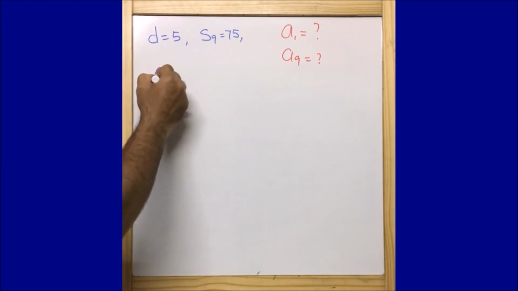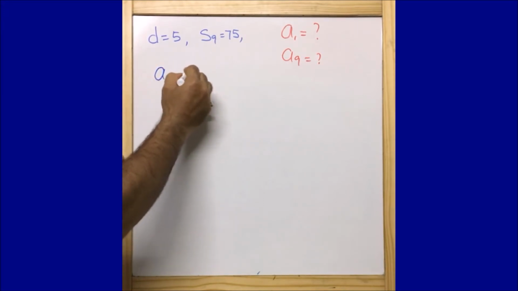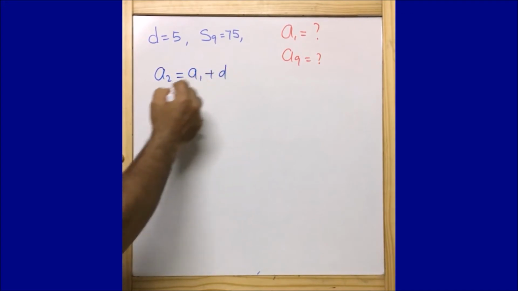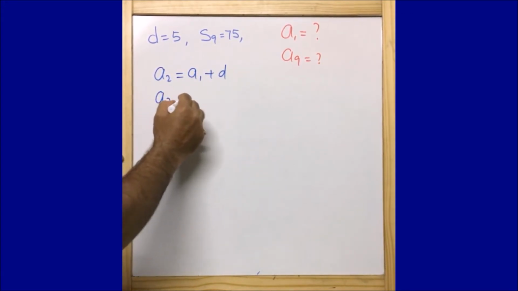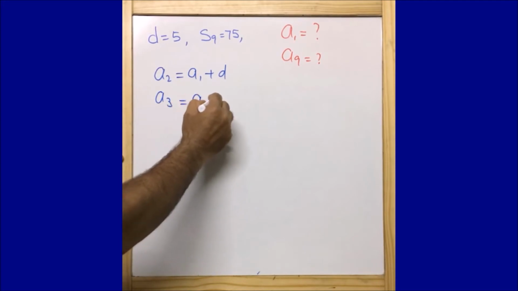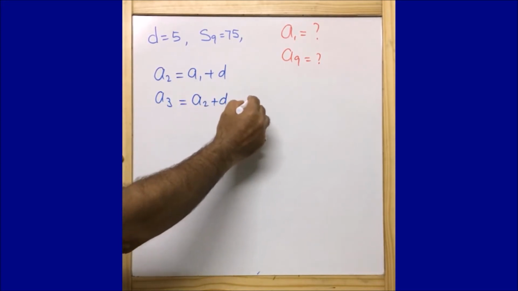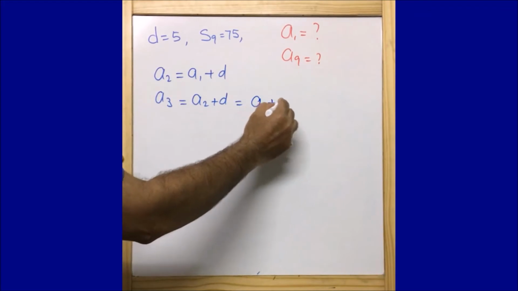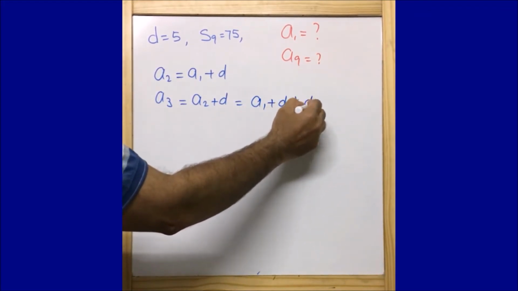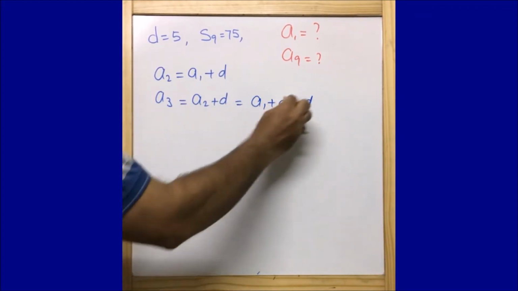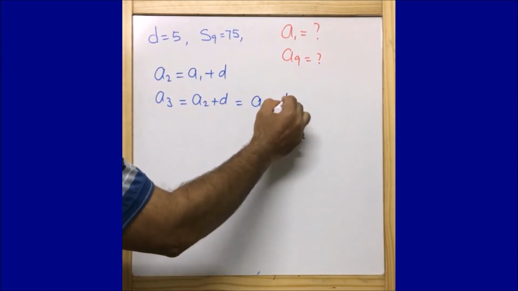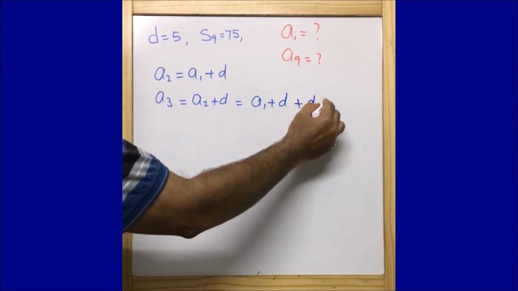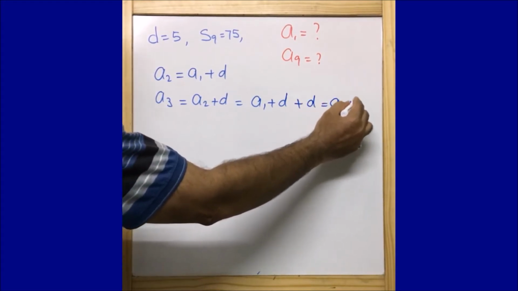We very well know that A2 is equal to A1 plus D, and we very well know that A3 is equal to A2 plus D, or I can write A1 plus D plus D, that is equal to A1 plus 2D.